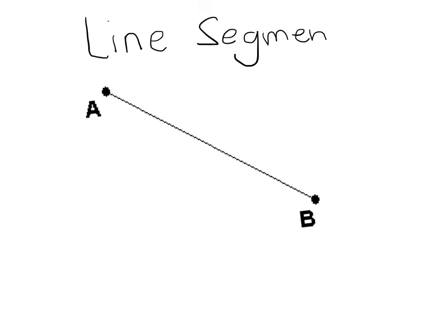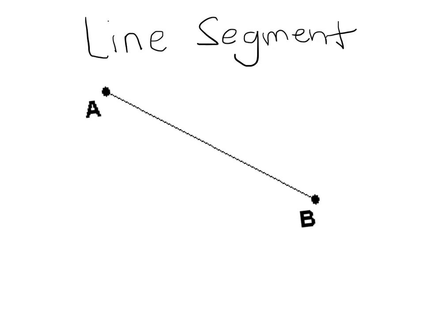This is called a line segment. So a line segment, you could see that there are 2 points on this line segment. We have point A and point B. Now the thing about line segments is that it has a beginning and it has an end.